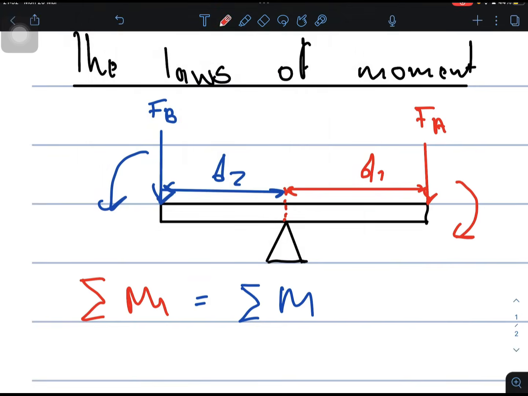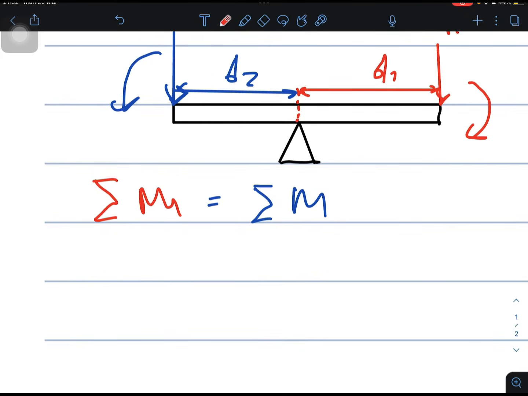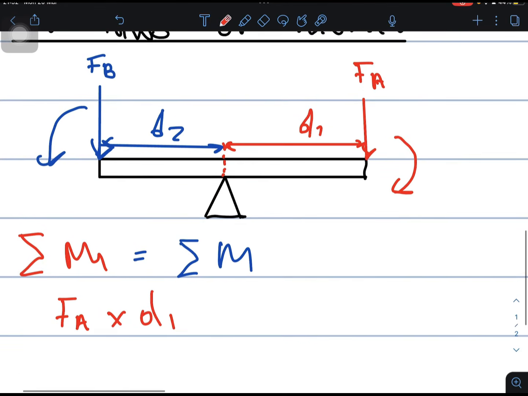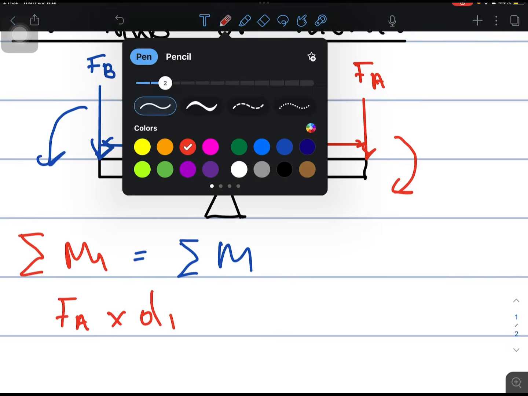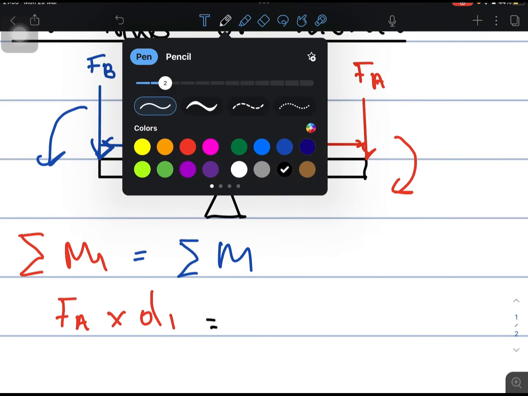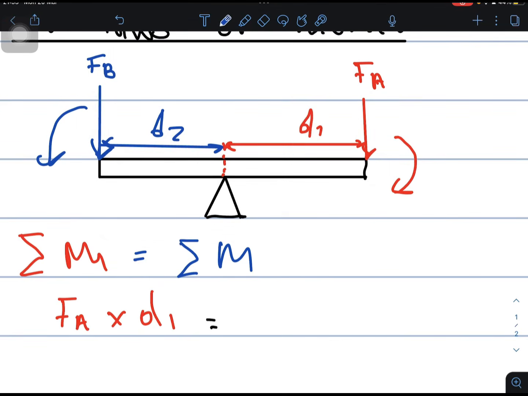Basically, guys, according to this law, FA times D1, which is the clockwise moment, the moment of force FA, is equal to the moment of force B, which is the anti-clockwise moment.